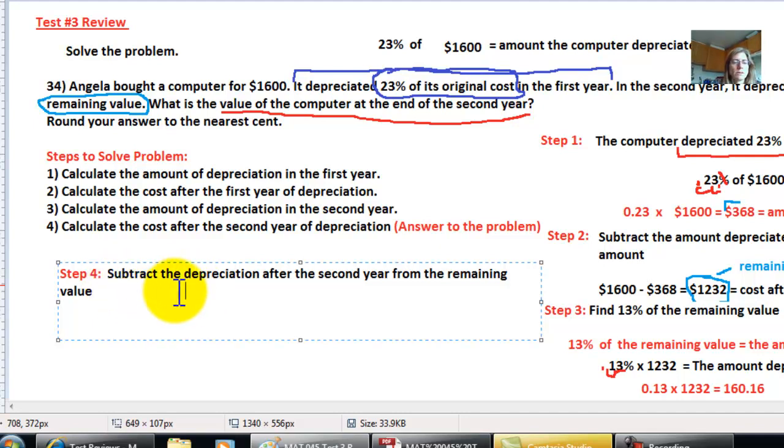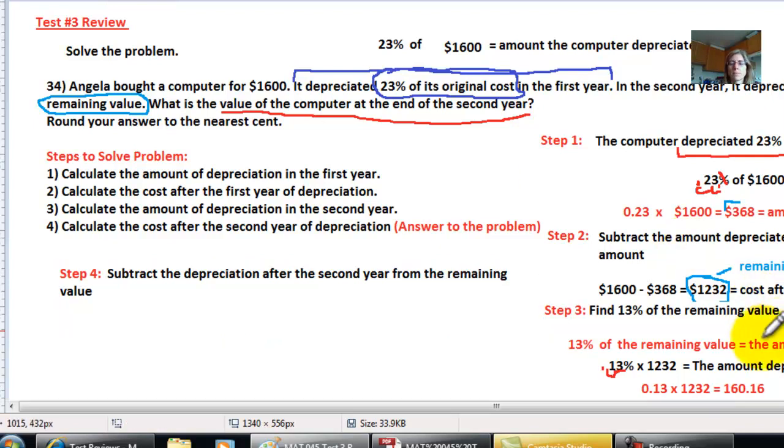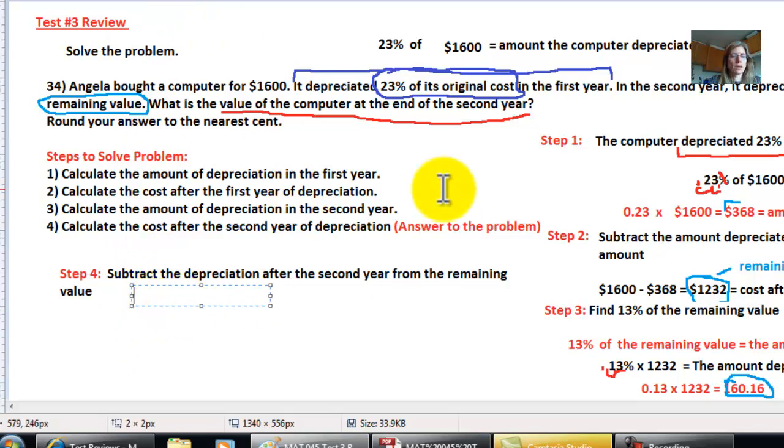What is the depreciation? That's what we just calculated in step 3: $160.16, another year of depreciation. So the depreciation of $160.16 has to be subtracted from the remaining value.